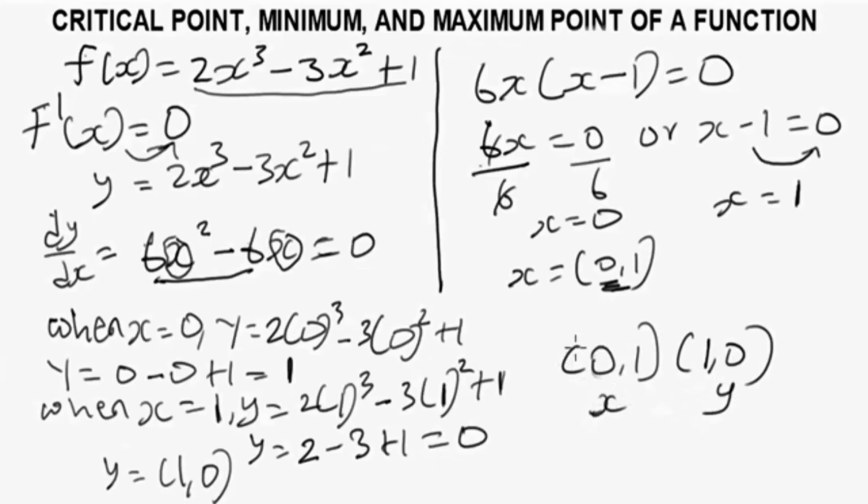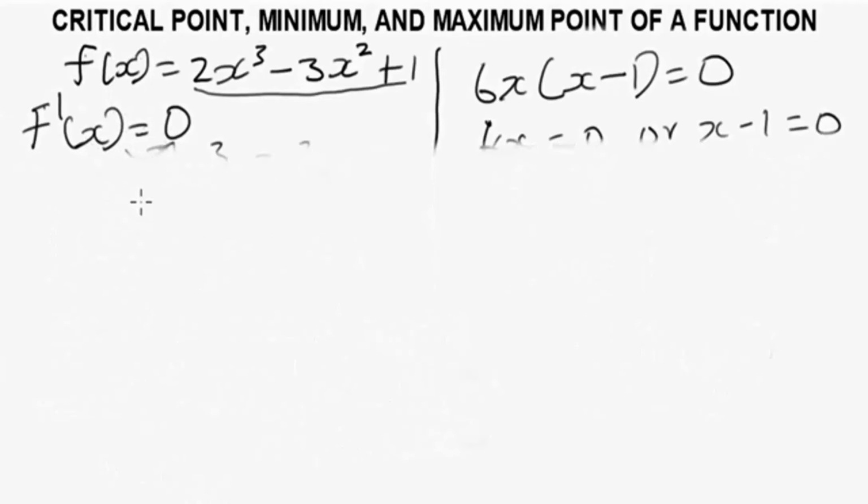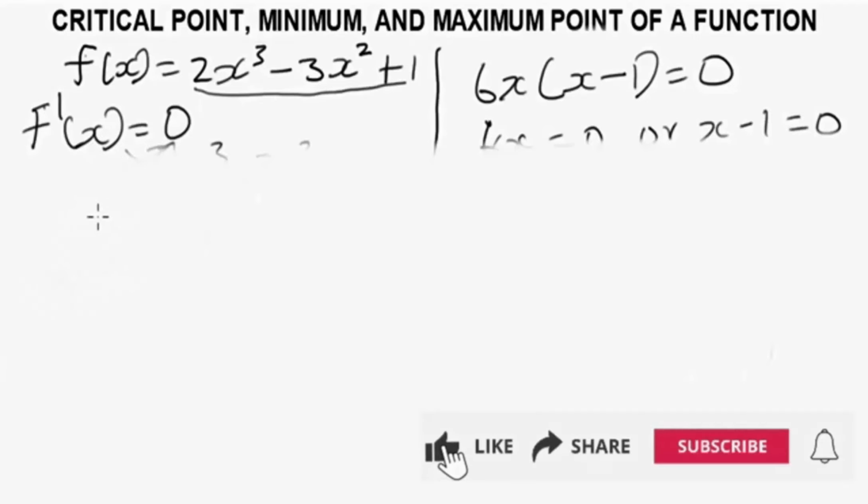Okay, so before we round off with this video, let's quickly look at how to find minimum and maximum points of a function. Note that at minimum and maximum points, what we use to verify it is called the second derivative test.